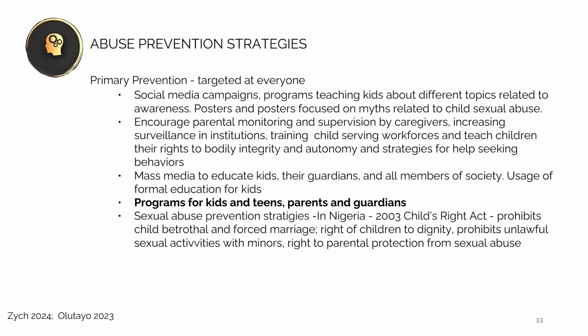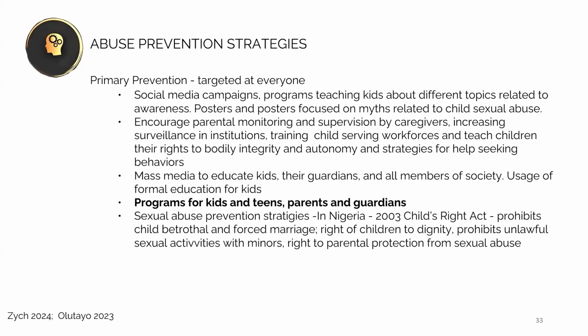When we're looking at primary prevention, these are some things you can consider in your field. Having social media campaigns, programs that teach children about different topics related to awareness. Posters focusing on myths related to child sexual abuse. Encouraging parental monitoring and supervision by caregivers.